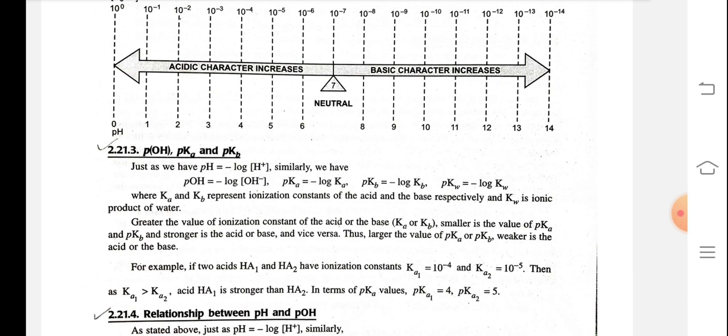For example, if two acids HA1 and HA2 have ionization constants Ka1 equal to 10^-4 and Ka2 equal to 10^-5, then as Ka1 is greater than Ka2, acid HA1 is stronger than HA2. In terms of the pKa value, pKa1 is equal to 4 and pKa2 is equal to 5.